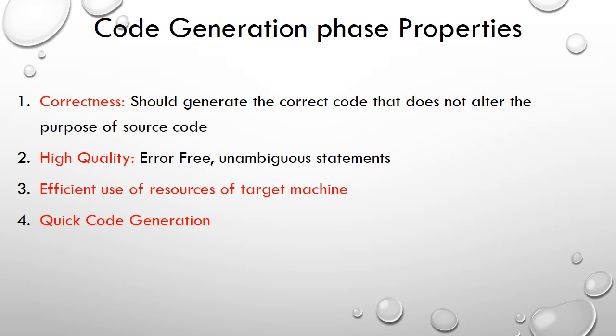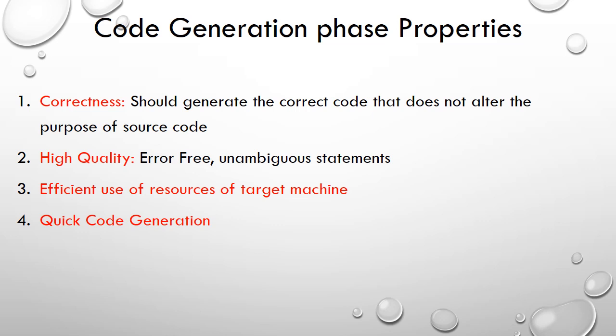The high level language code has been written for a particular purpose, and the code generated by the code generation phase, that is the assembly language code, should also depict the same meaning as that of the source code. So the generated code should depict the same meaning as that of the high level language code.